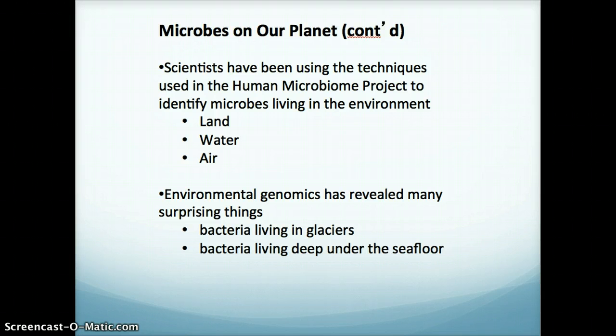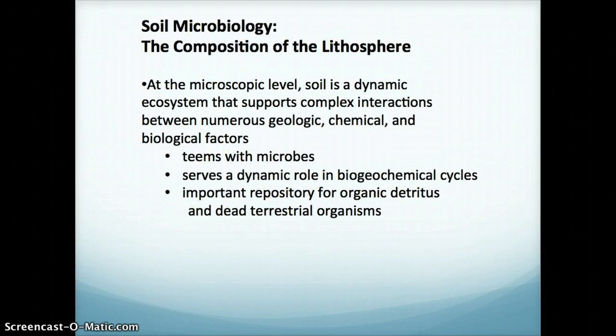And so with this, environmental genomics has revealed many surprising and shocking things. For example, bacteria living in glaciers, so at extreme colds, and even bacteria that have been found living deep under the sea floor. And if you remember, with the Human Microbiome Project, much of this had to do with the sequencing of microbes and then identifying them.